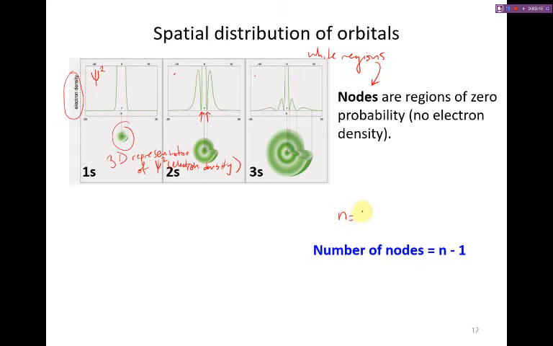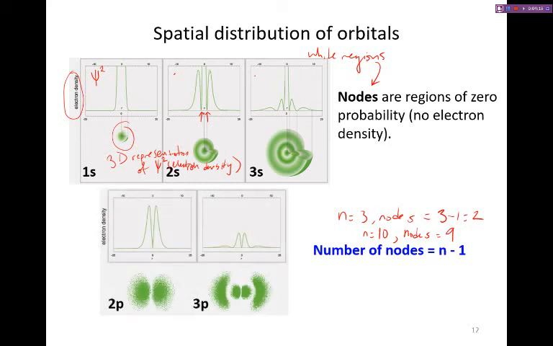So if your n equals 3, your number of nodes is 3 minus 1, or 2. If n equals 10, your number of nodes is equal to 9.